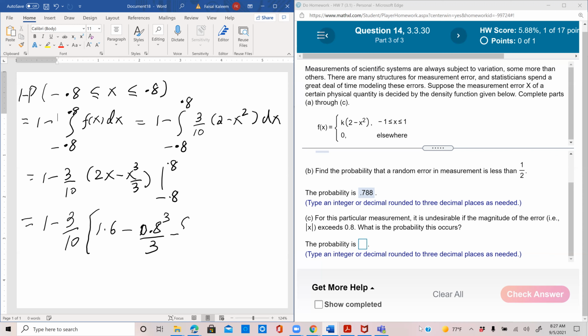And then minus the lower limit: 2 times negative 0.8 is negative 1.6, minus negative 0.8 cubed by 3.